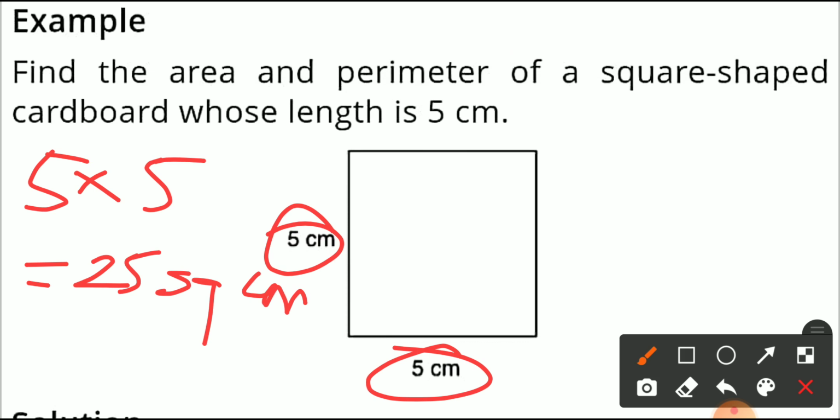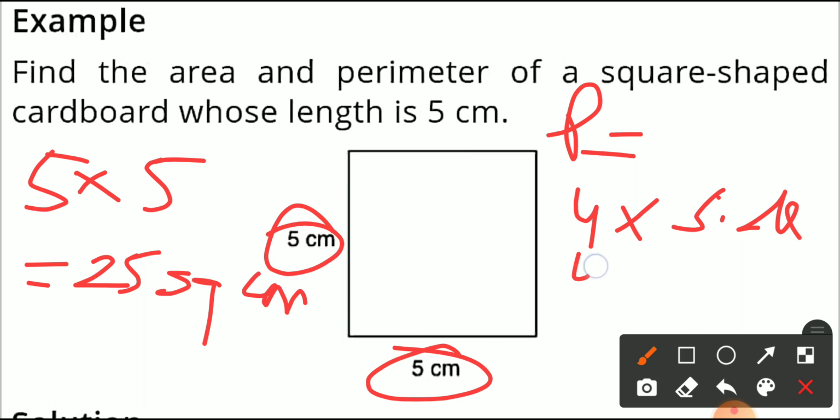Then to calculate the perimeter, perimeter equals 4 multiplied by side, so 4 multiplied by 5. 4 fives are 20 centimeter.